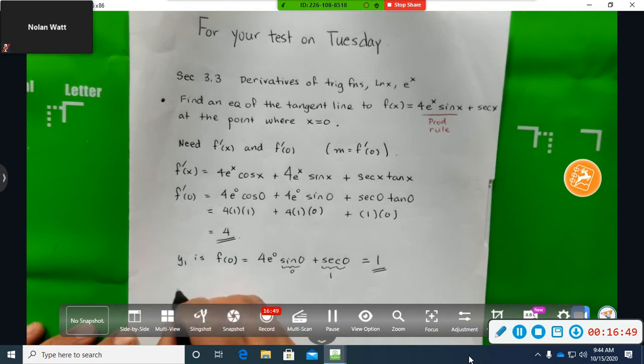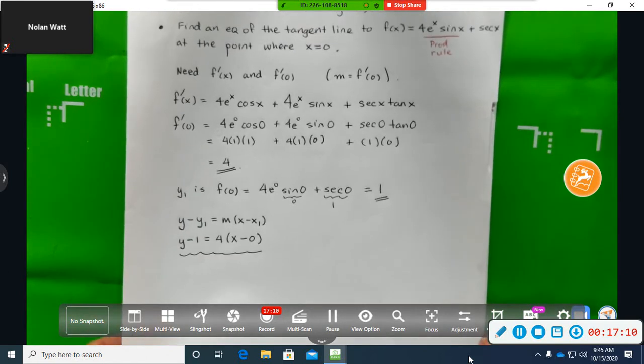And then the point slope form is y minus y1 is equal to m times x minus x1. We found y1 to be 1, and m is 4. So there's the equation of our tangent line. You can put it in whatever form you want. That will work for me.